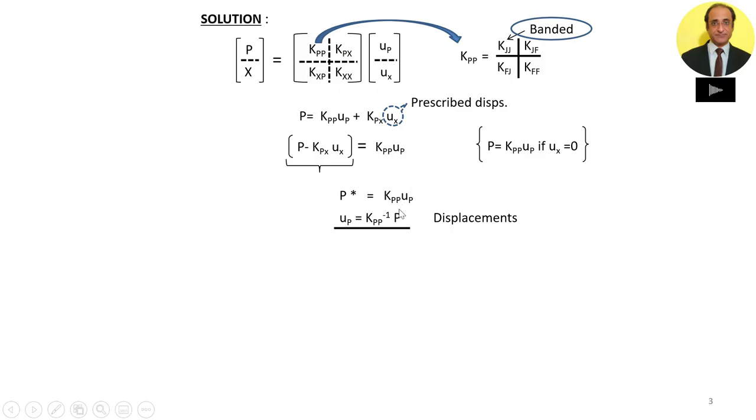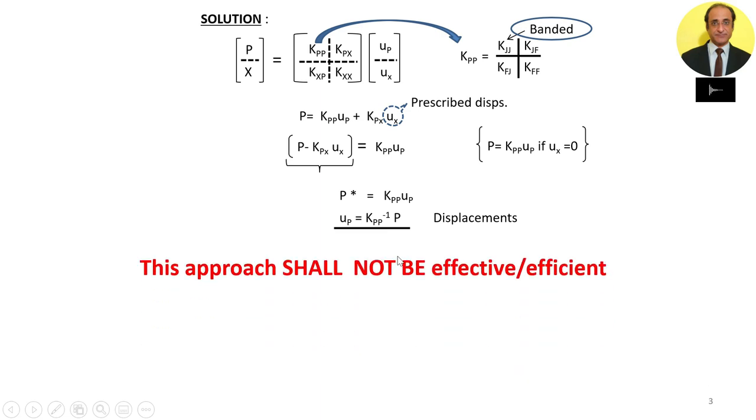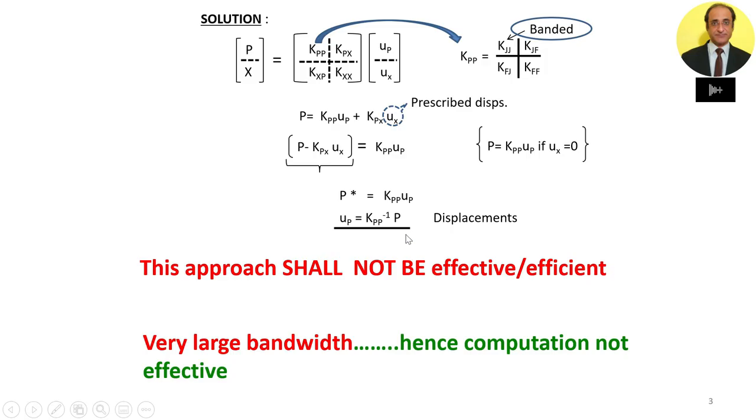So this method of solution is impractical, we have already seen, because of the way KPP is organized. So we will follow another approach, because this will give rise to very large bandwidth, so computation will not be effective. So we follow the approach that we'll be considering now.